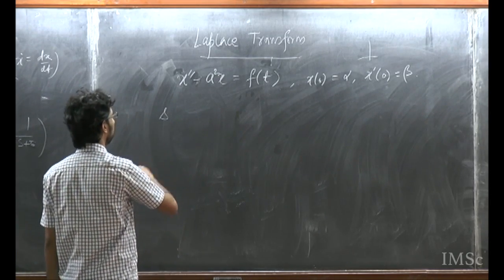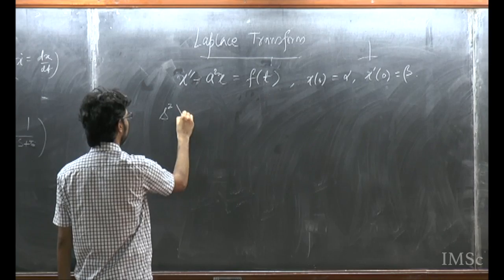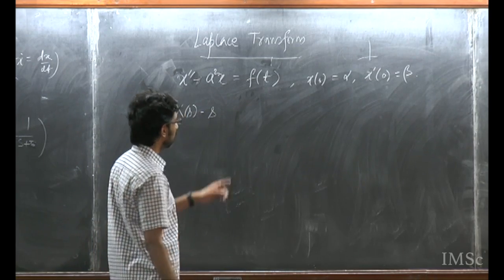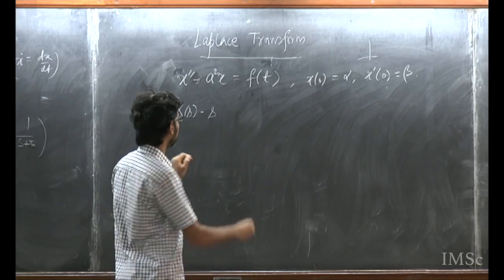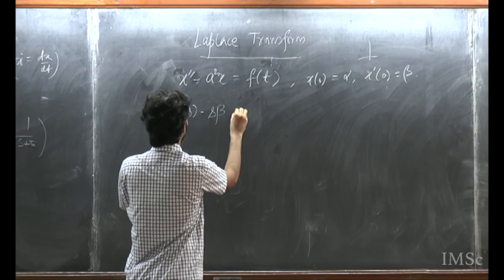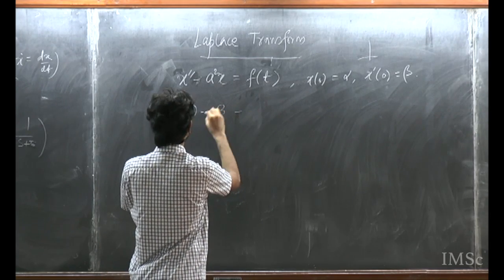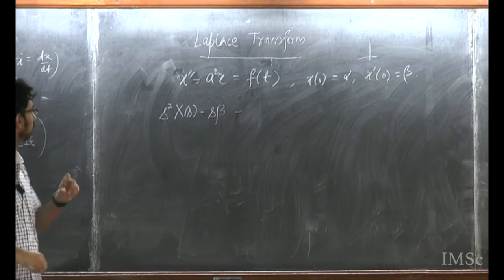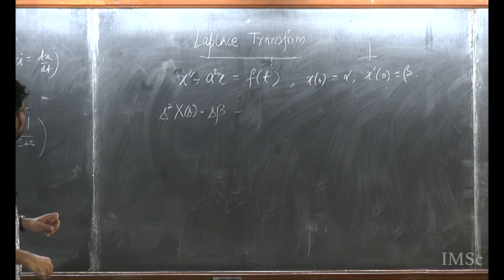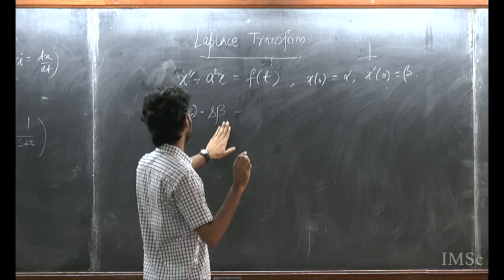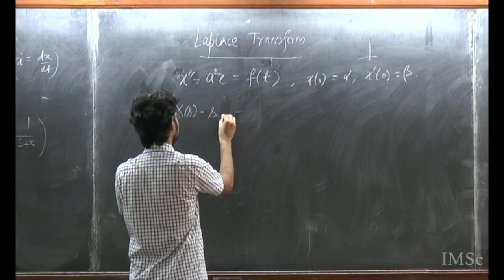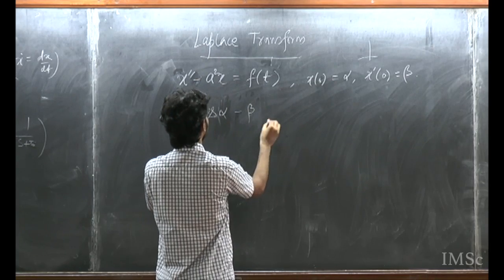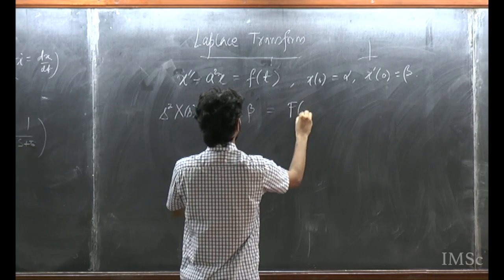What will you get? s squared X of s minus s alpha minus beta, where beta is x prime 0, is F of s.